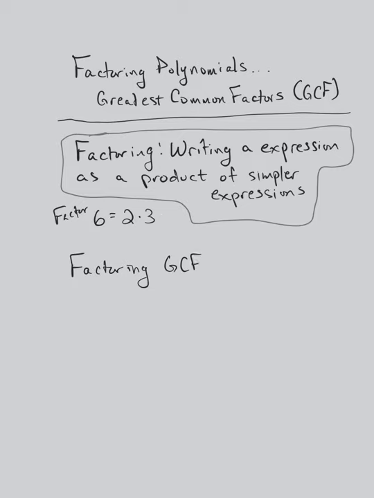Okay, so the bigger picture of what factoring is: writing an expression as a product of simpler things. Now we're talking about, given a polynomial, we'll just factor out, if possible, what's called its GCF or greatest common factor. Okay, and what it basically does is it reverses distributing.